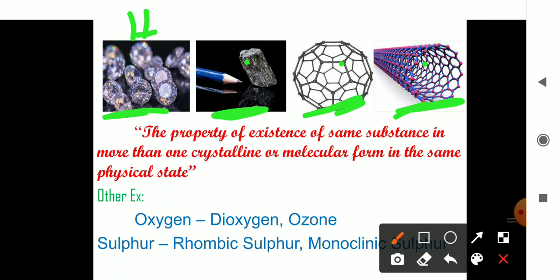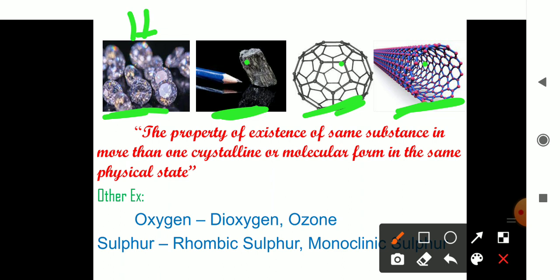That property of an element is called allotropism. A single substance exists in many forms, whether in the crystalline form or the molecular form, but the same element exists in more than one form. That is called allotropism.